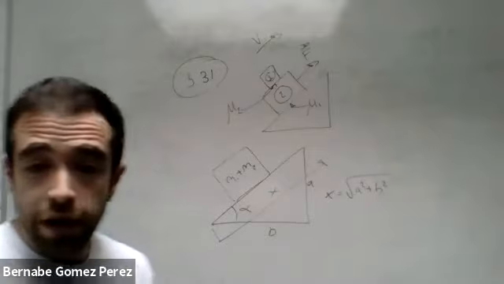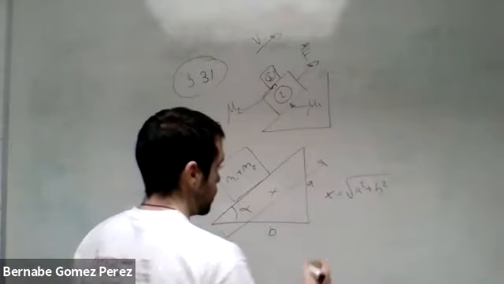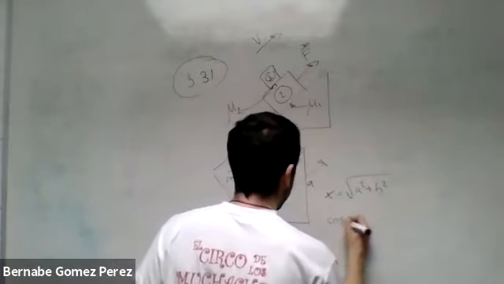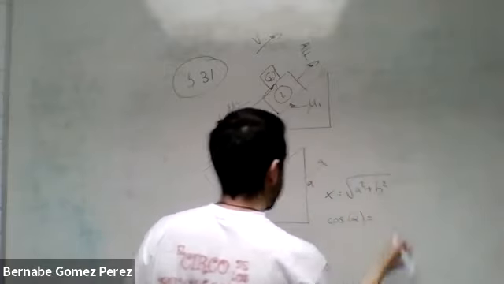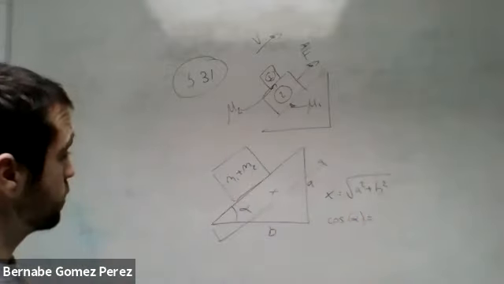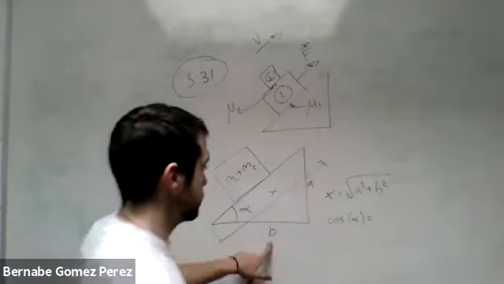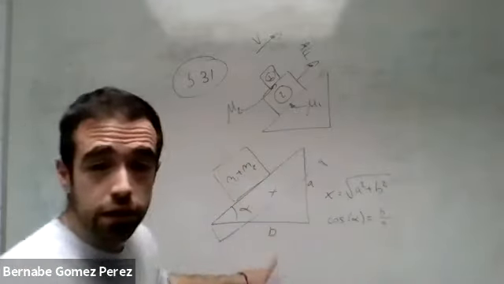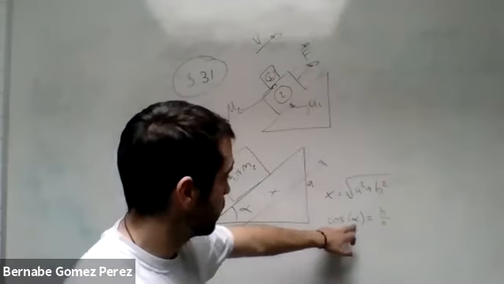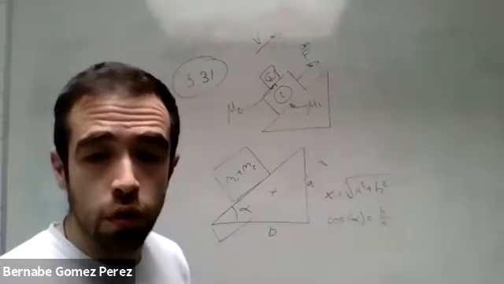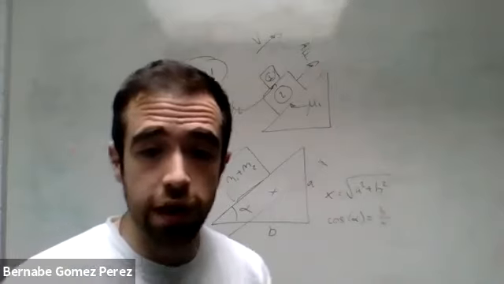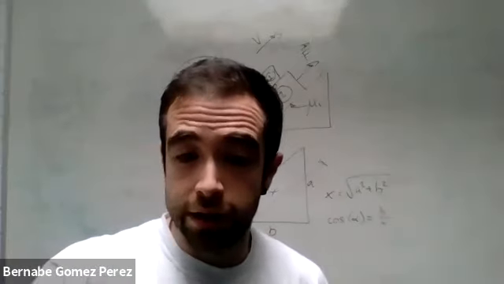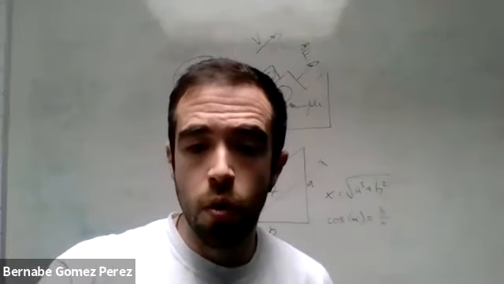And once you calculate X, you can say, okay, so for example, the cosine of alpha is gonna be equal to B divided by X. So how do I calculate alpha? Well, you know how to take the inverse of the cosine, right? Which is the arccosine.